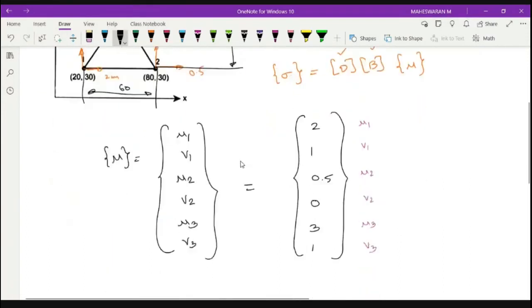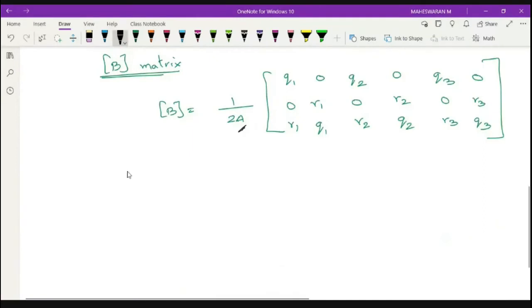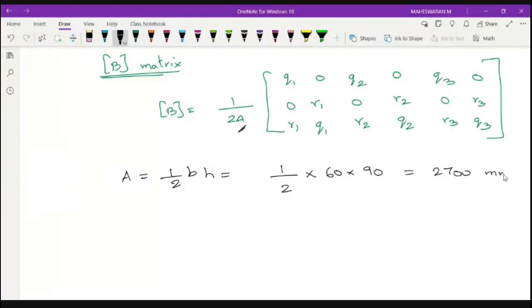The area of the triangle is half into base into height, which is half into 60 into 90, so 60 into 90 divided by 2 gives 2700 mm square.